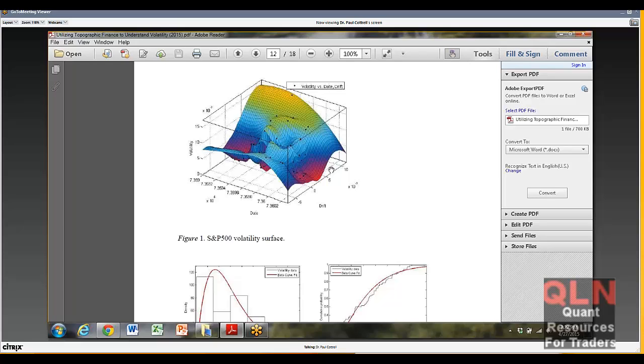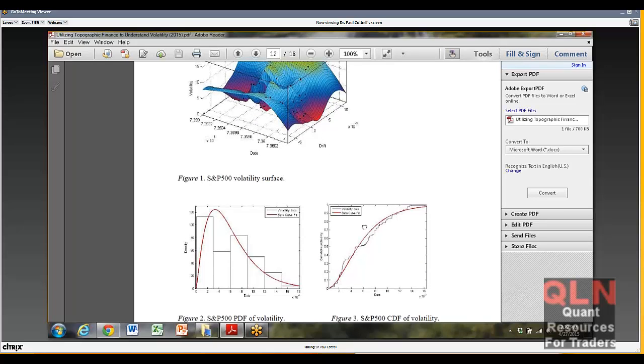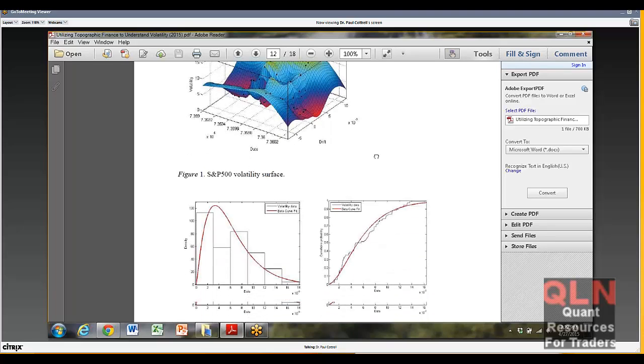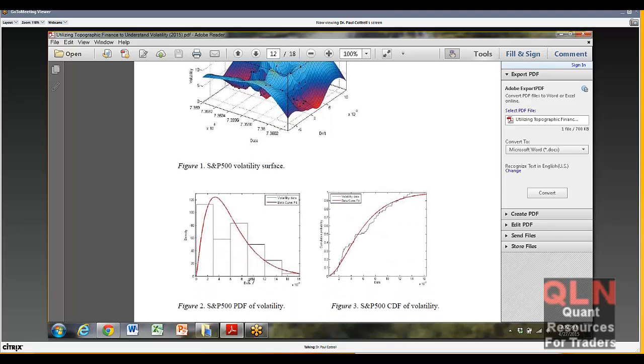So that's why I like to see it graphically, and then why I like to see the probability. What we did was we calculated not just the surface, we also calculated the probability curves for volatility, the PDF curve and the CDF curve. I like reading it off of the CDF curve. It's just more natural for me.